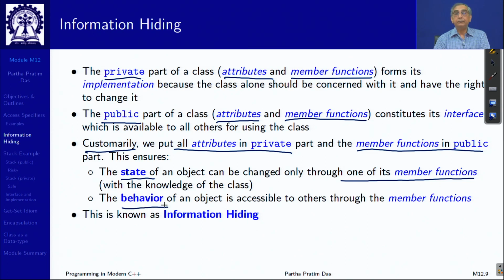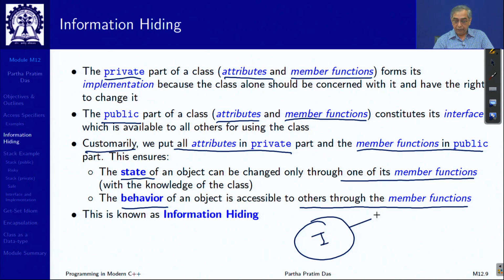And the behavior is a service that you are giving to others, like the stack is giving the service to push, pop, check for emptiness and get the top marker and so on. That behavior is accessible to others through the public member functions. And this mechanism of separating out implementation from the interface, these different member function interfaces, is the basic notion of information hiding.